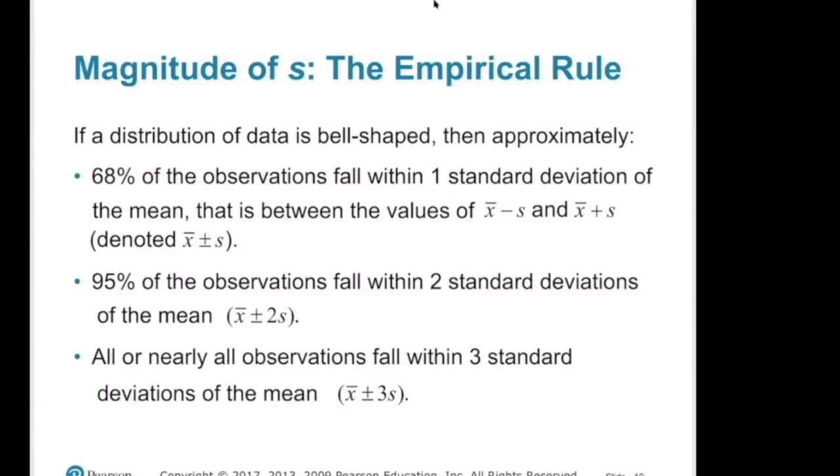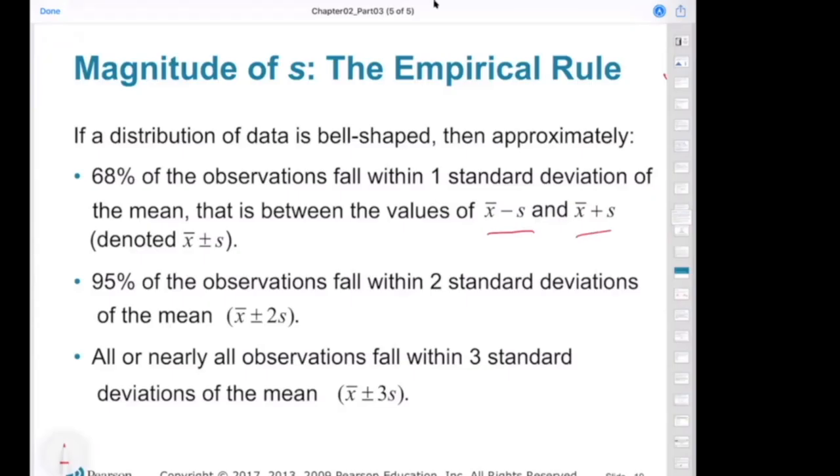Okay, this rule is as follows. You have 68% of the observations fall within one standard deviation of the mean. Okay, and we write that like this: x bar minus s and x bar plus s.